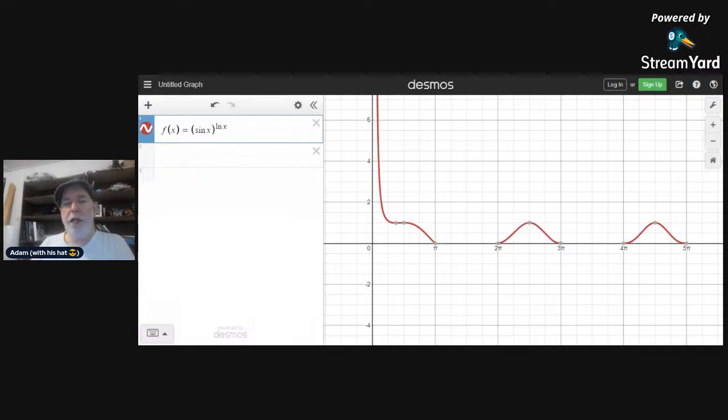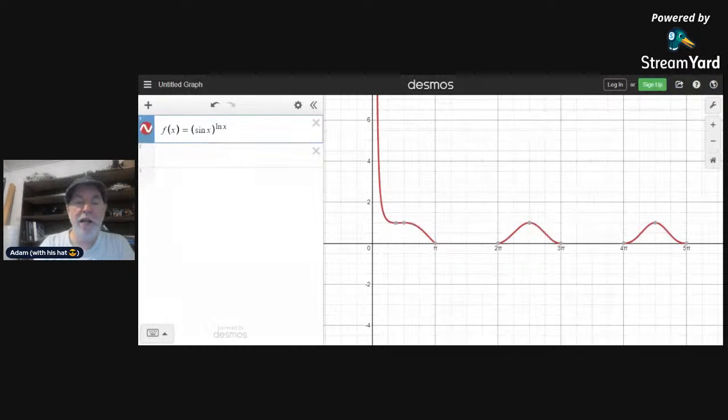Yeah, so you can see we're looking at a periodic function. Hey, the zeros are at multiples of pi, and it's all positive. Okay, because we're dealing with real numbers here, right? So yeah, so when is it 0?